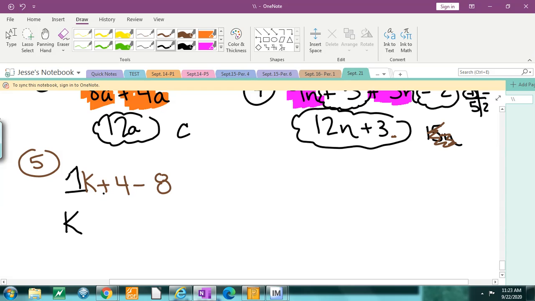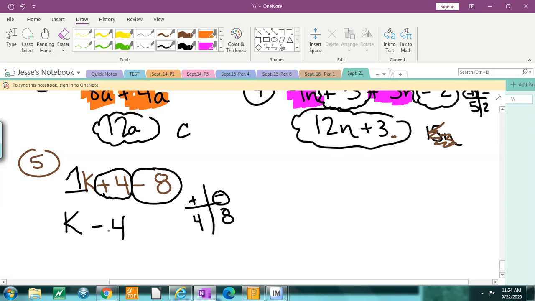Here I have the 4 and the negative 8. I'm going to do the t-chart. 4 and 8, and my answer is negative what? Negative 4. So it's k minus 4, which is, I don't know what letter that is. I didn't write the letter down.